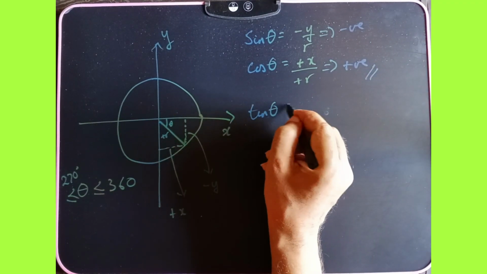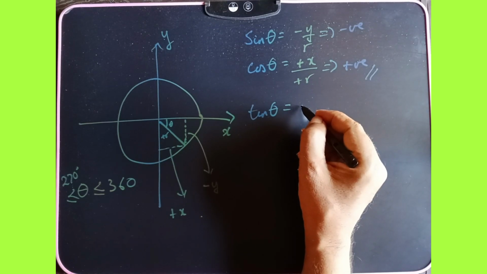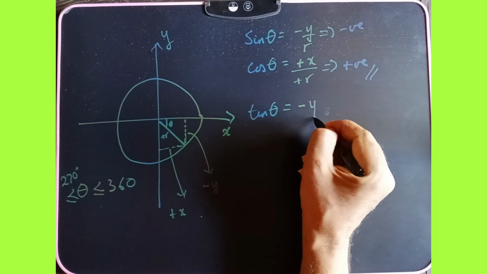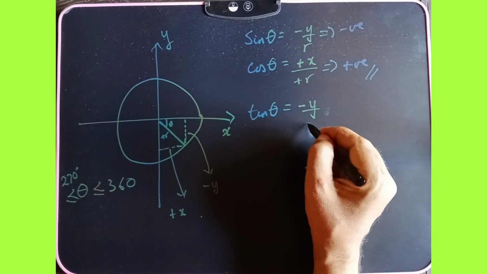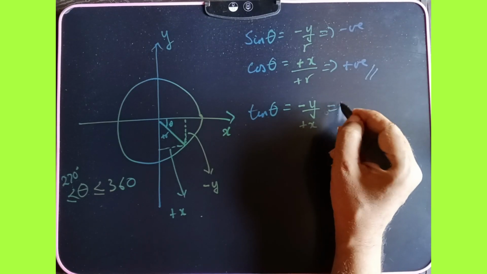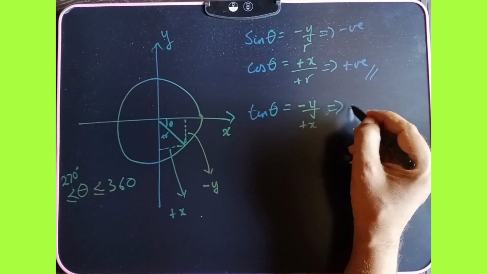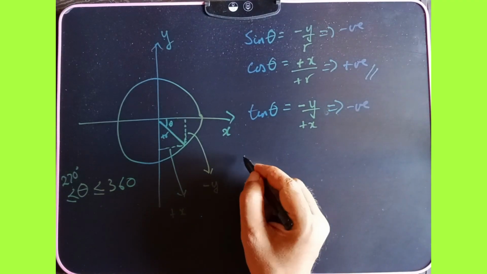And tan theta is equal to minus y divided by plus x, opposite divided by x, which is negative.